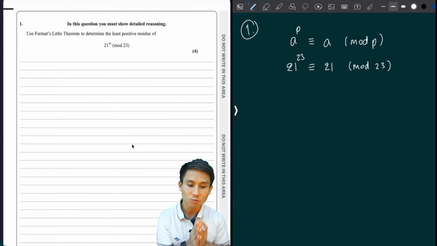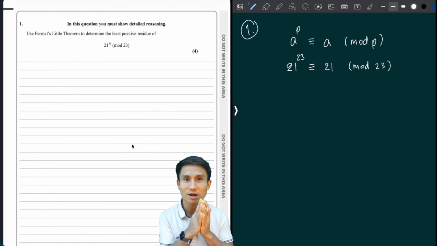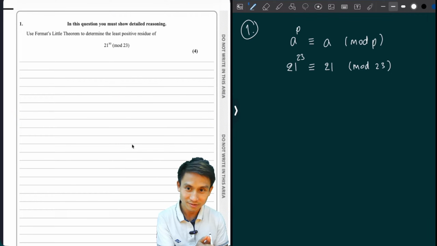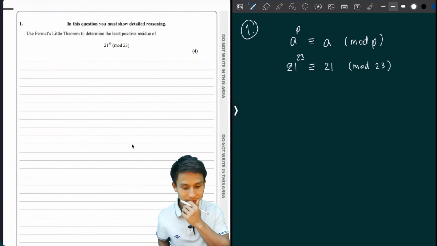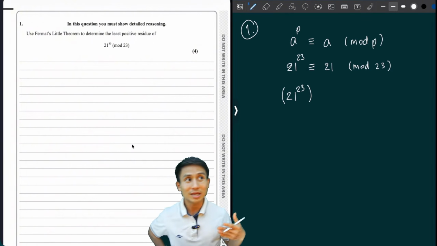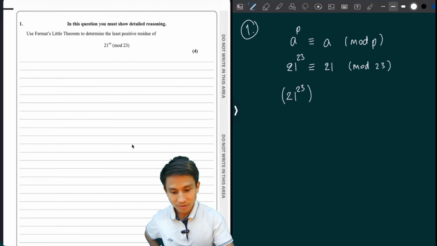So basically, if we want to find the remainder of 21 to the power of 23, we can just find the remainder of 21 modulus 23, right? So that means, now if we power this, so how do we make it 80?